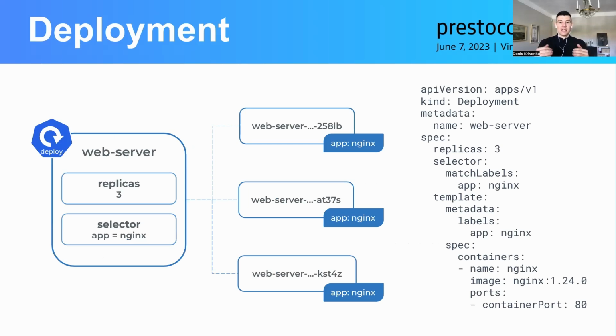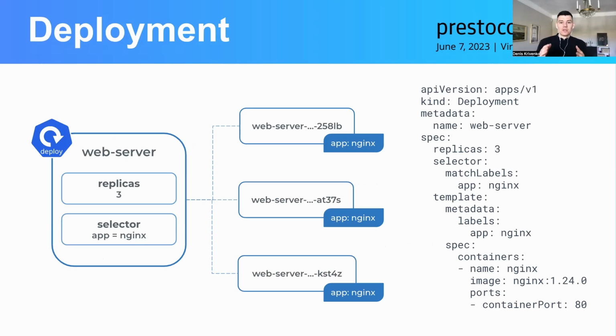Deployment is the next level of workloads, which is used to run pods at scale. Instead of creating and managing many identical pods separately, the deployment resource defines how many pods to create, specification for those pods, and other configs.